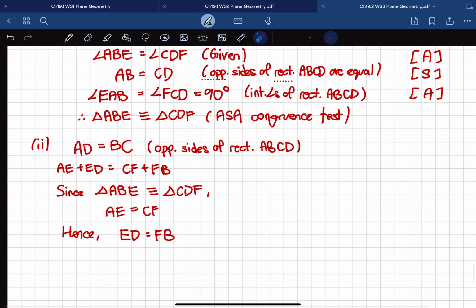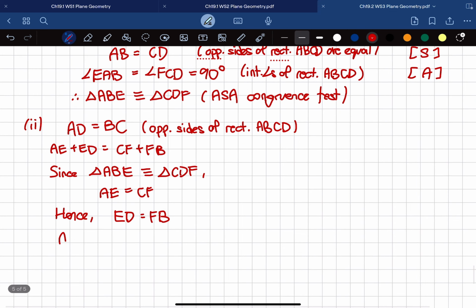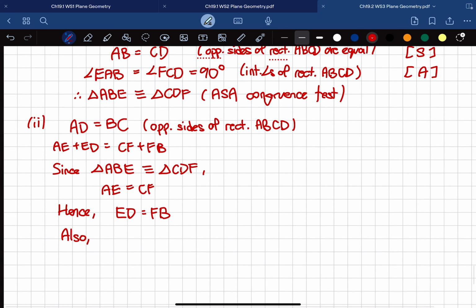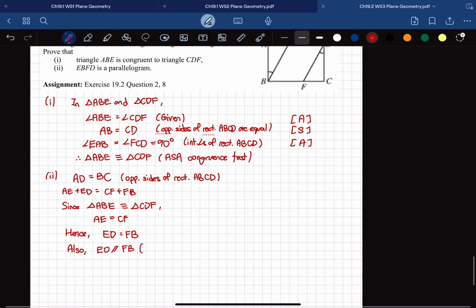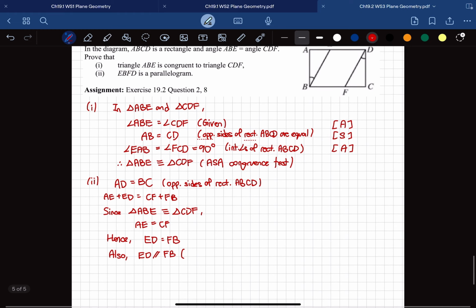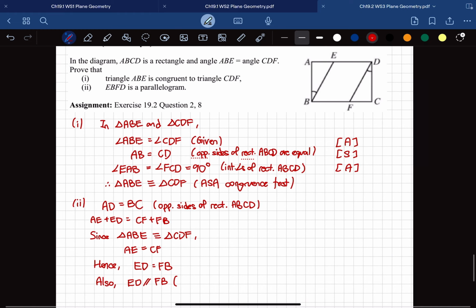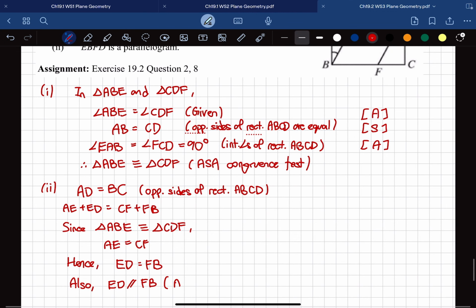So in this case over here, I know that ED is also parallel to FB because in this rectangle here, remember opposite sides in the rectangle are parallel. So the reason is because AD is parallel to BC in rectangle ABCD. All the reasons must be stated very clearly because these are very important methods to show how you get your certain conclusions.